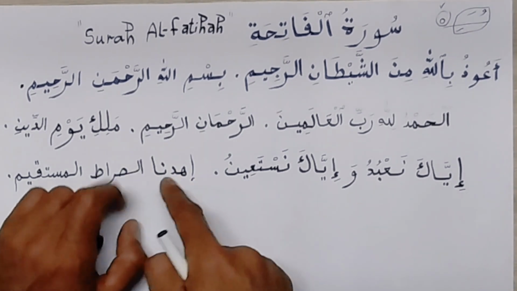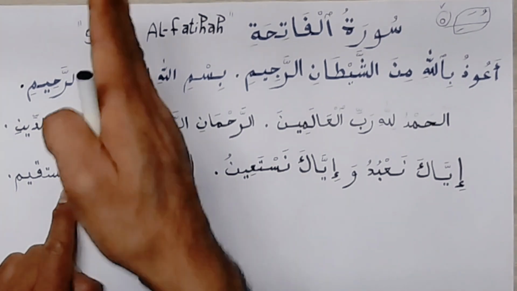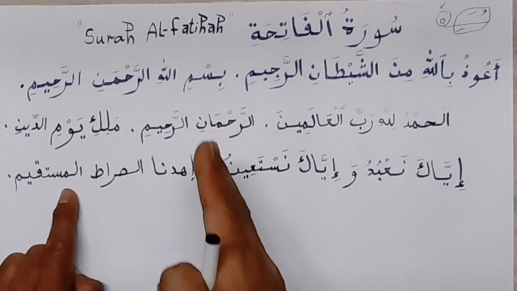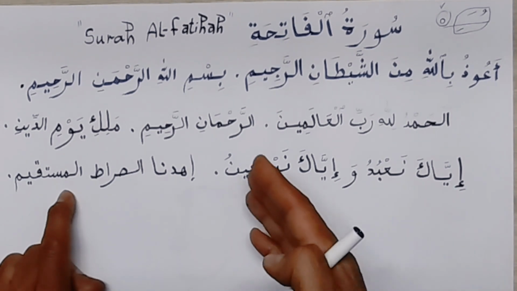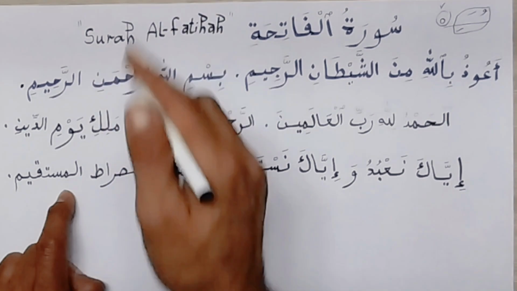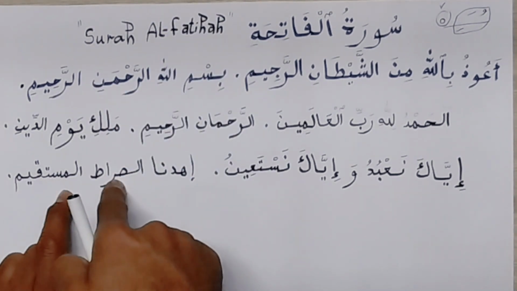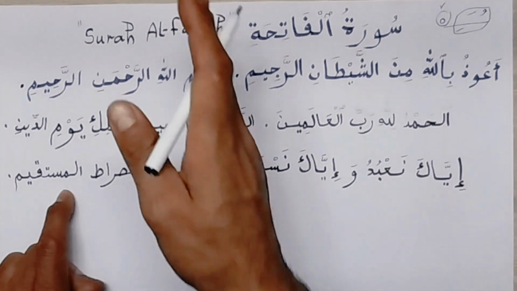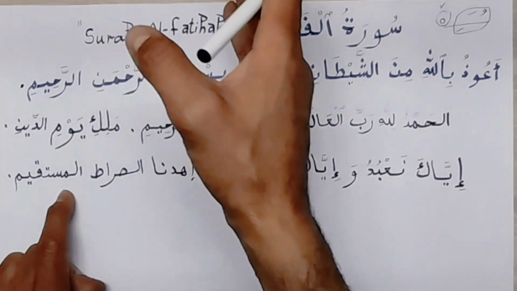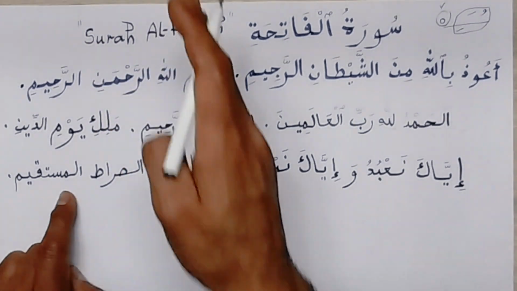Lead us to what? To the path. Which path? Which is right. مستقيم. Right, okay? When someone asks you for direction and they say you go straight. So this is a straight path. Okay? مستقيم. It doesn't turn like this. No, it's mustaqim. It's straight.